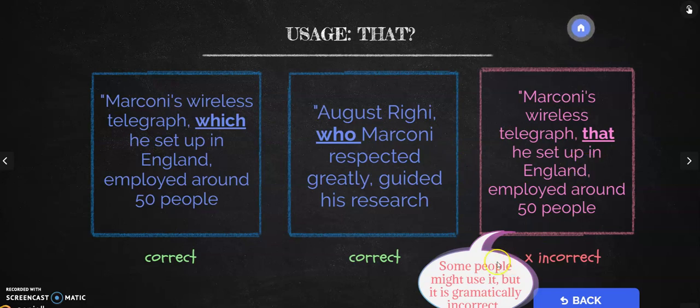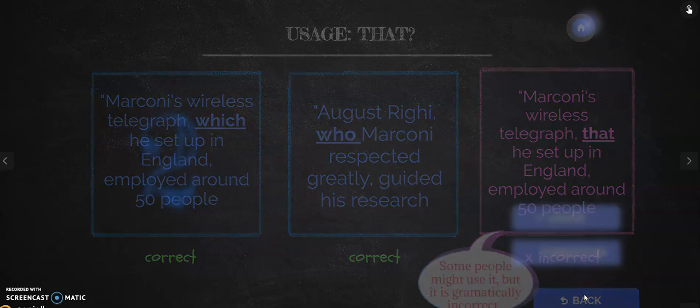Now, as I point out here, some people might use it, you might hear it, but it is grammatically incorrect. So especially when you're writing, avoid using the relative pronoun that in a non-defining relative clause, okay? So remember that would be grammatically incorrect.